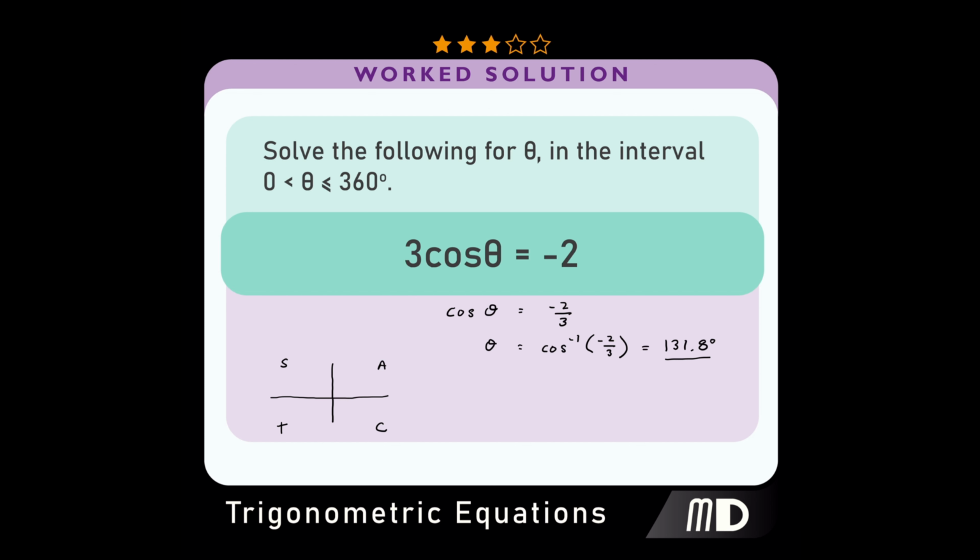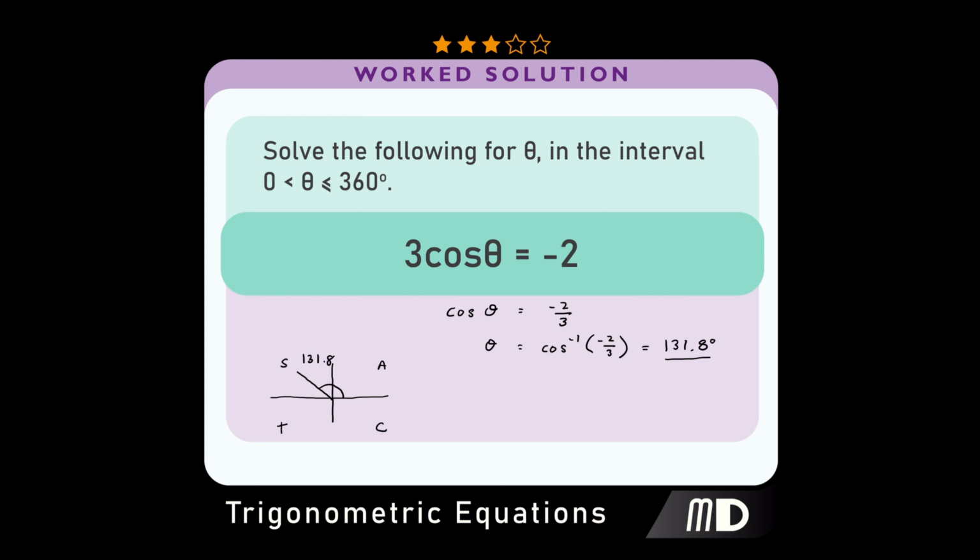A positive angle is measured anti-clockwise from the positive horizontal axis, and a 131.8 degree angle is drawn in the top left quadrant, which is the sine quadrant.